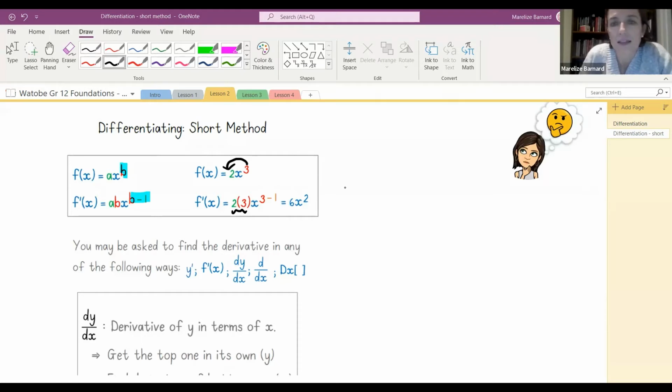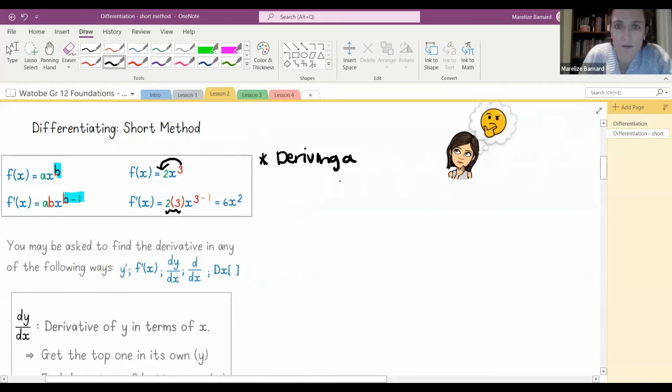And the next one that I'm going to write down here is that deriving a constant makes it 0. So any constant number, a 2, a 3, or a 5, any number that doesn't contain a variable, will make it 0.